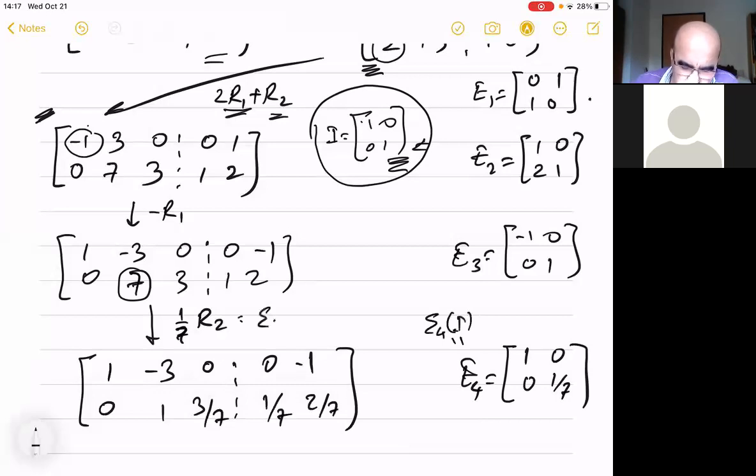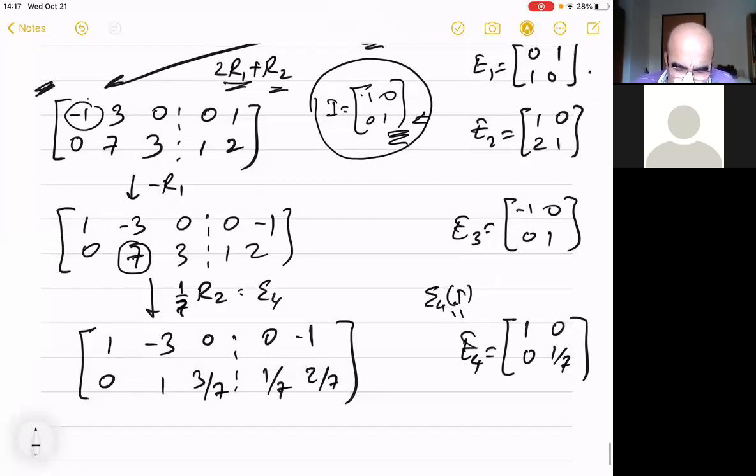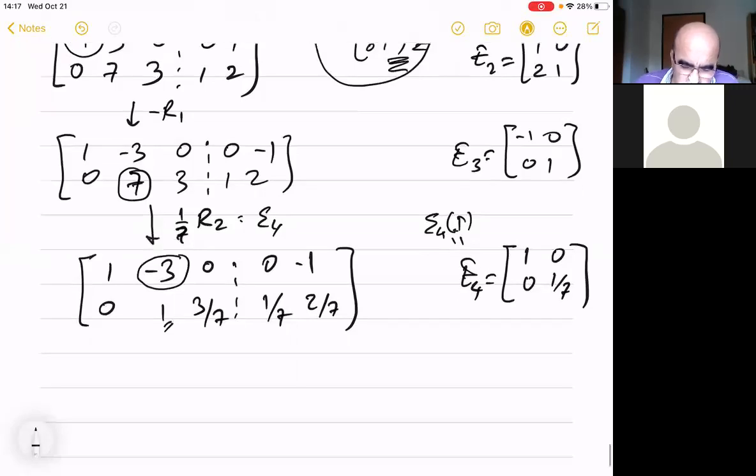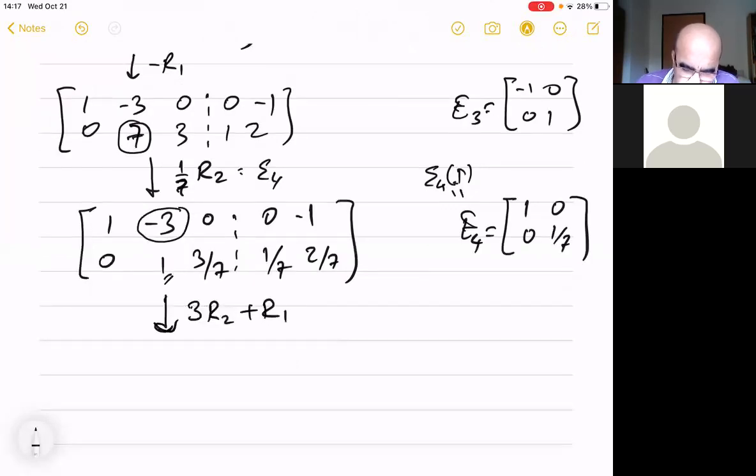Next, let's make this entry 0. In order to make that entry 0, we should multiply the second row by 3 and add it to the first row. So 3 times row 2 plus row 1, added to row 1, of course.